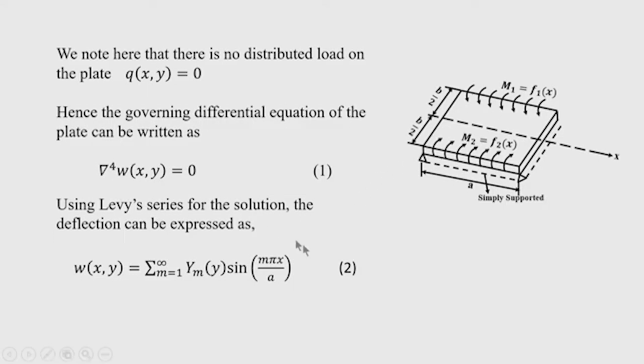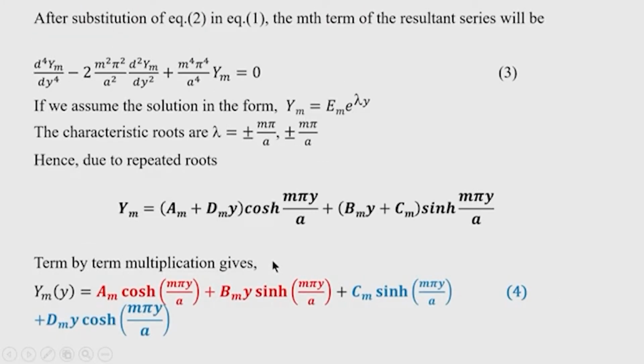Okay. After substitution of equation 2 in equation 1, it can be readily verified that the fourth derivative of Y with respect to y will be the first term, then the second term will be minus 2 m square pi square by a square into the second derivative of capital Y with respect to y, and the third term will be m to the power 4 pi to the power 4 divided by a to the power 4 into Y equal to 0, because sin(m pi x by a) will be appearing in the summation term.